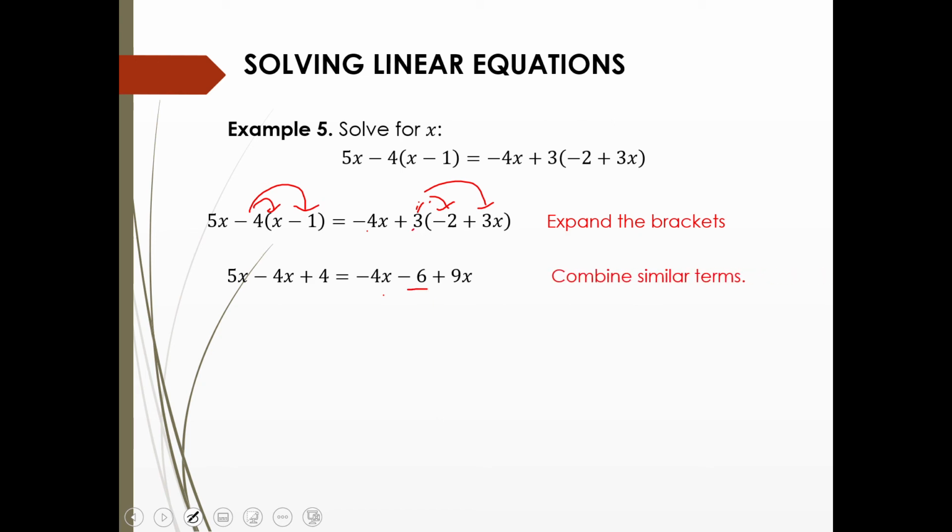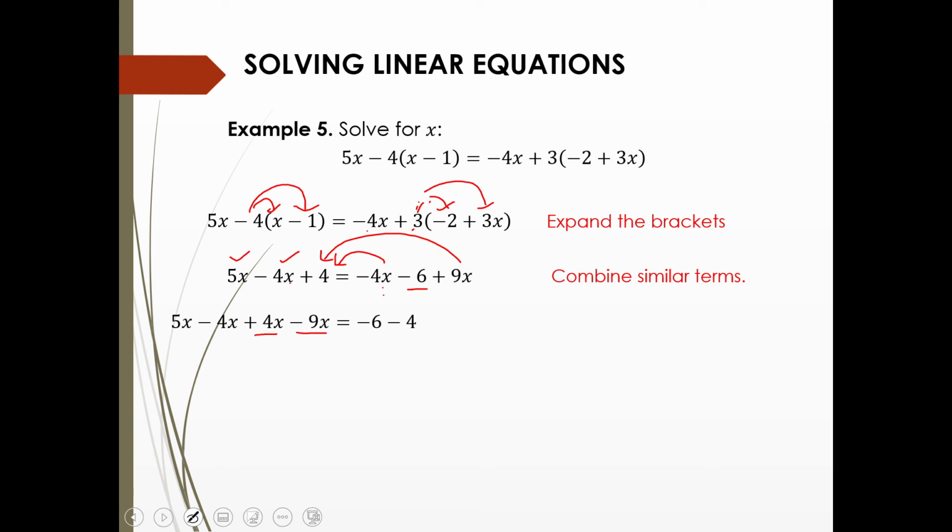And then we combine similar terms, putting all x on the left side and numbers on the right side. So we have 5x minus 4x, and this one goes to the other side. So 5x minus 4x becomes positive 4x, and 9x becomes minus 9x because we changed the position. Here we combine all numbers together.